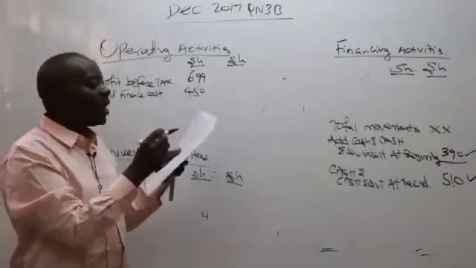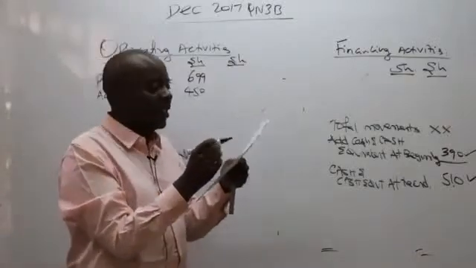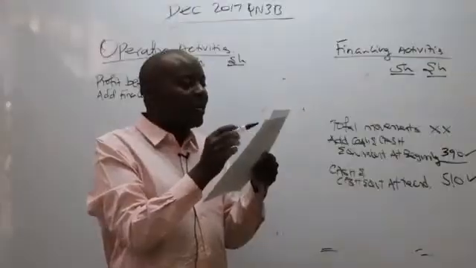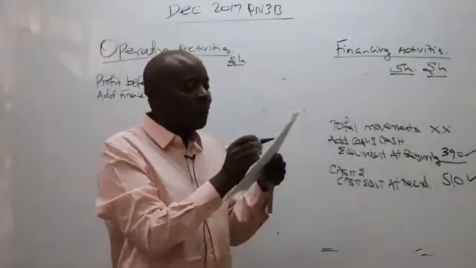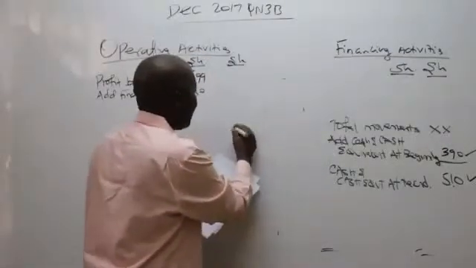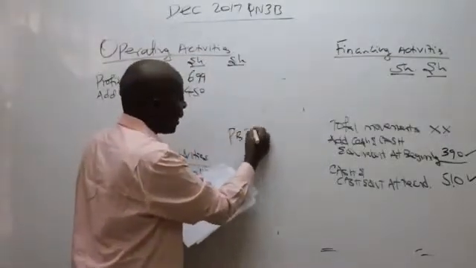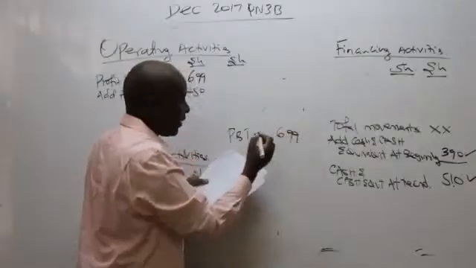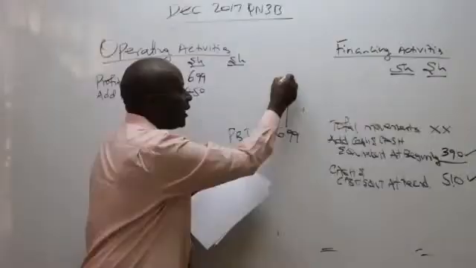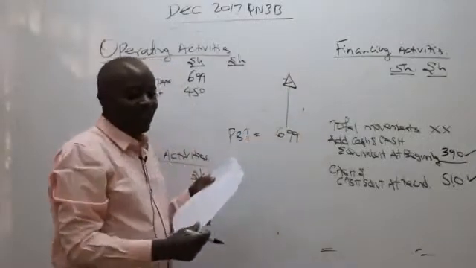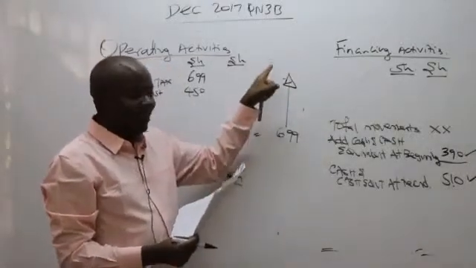Aya, sasa vile mwalimu wangu alinifunza those days nikifanya ma ACCA na ma CPA, aliniambia hapa kwa profit before tax, tumepatiwa figure ya 699. Ukiangalia profit, wamekupatia profit before tax. Wamekuambia ni 699. Great. So kwenda juu kuna adjustments ambao tunafaa tufanye.